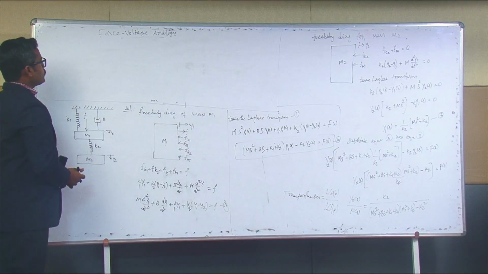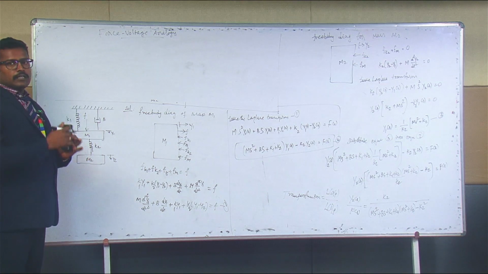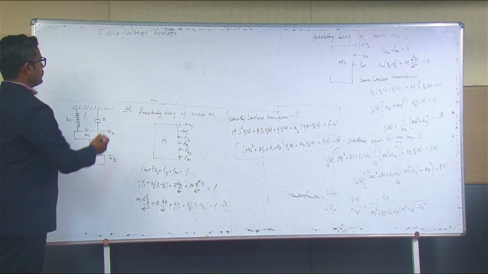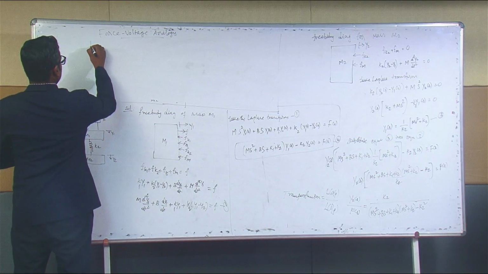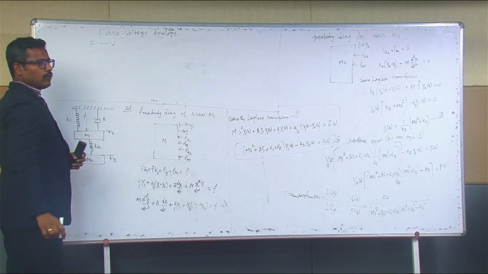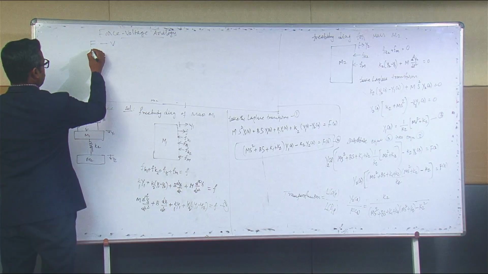In the force voltage analogy, the three elements we already discussed are replaced with the help of electrical equivalent components. The force is equivalent to voltage. Next is the displacement.